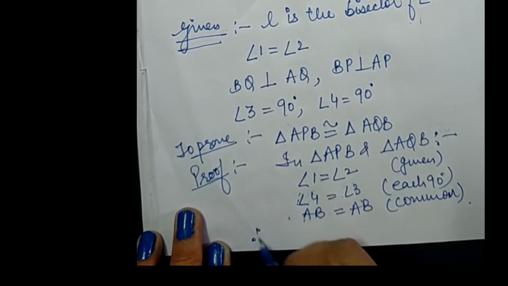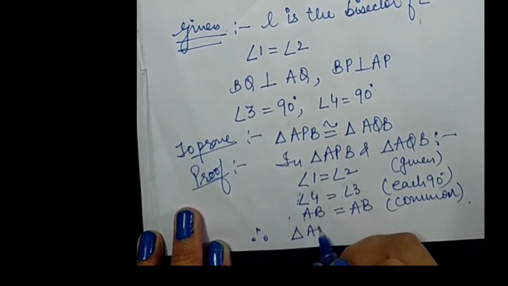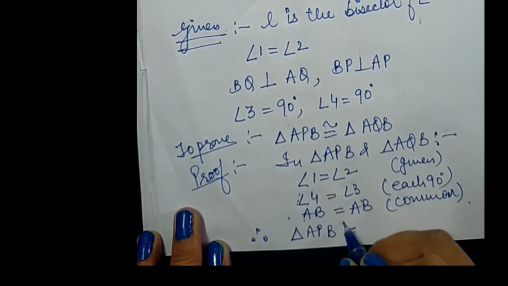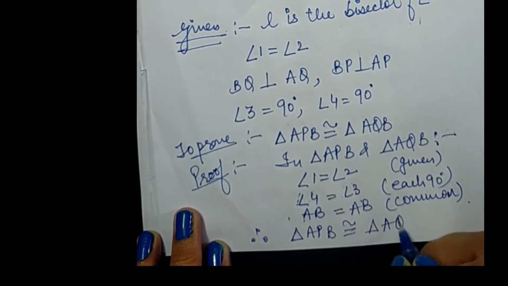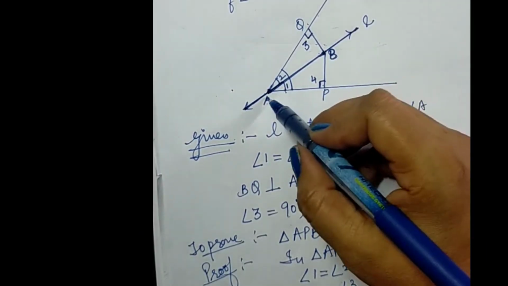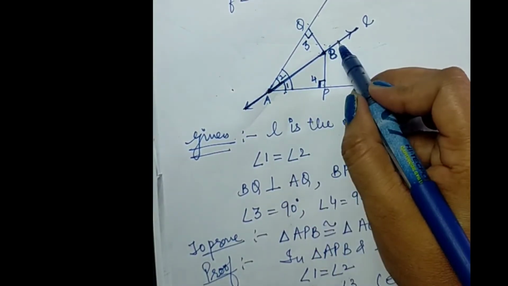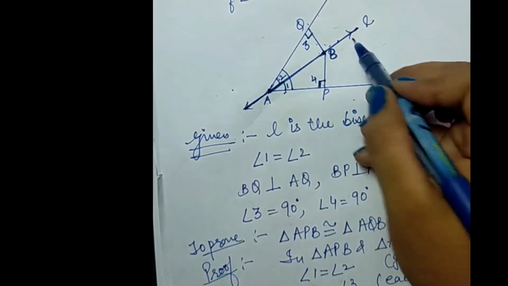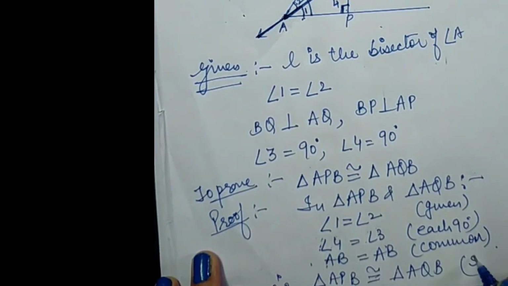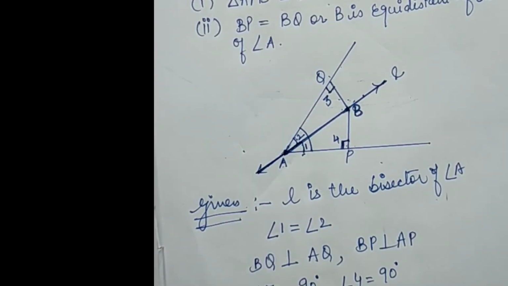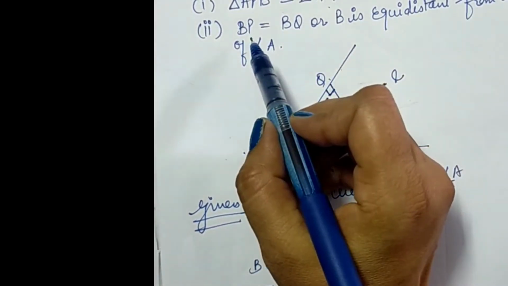Therefore, triangle APB is congruent to triangle AQB by angle, side. Here also angle and side. So by angle, side, these two triangles are congruent. Now we have to prove that BP is equal to BQ.